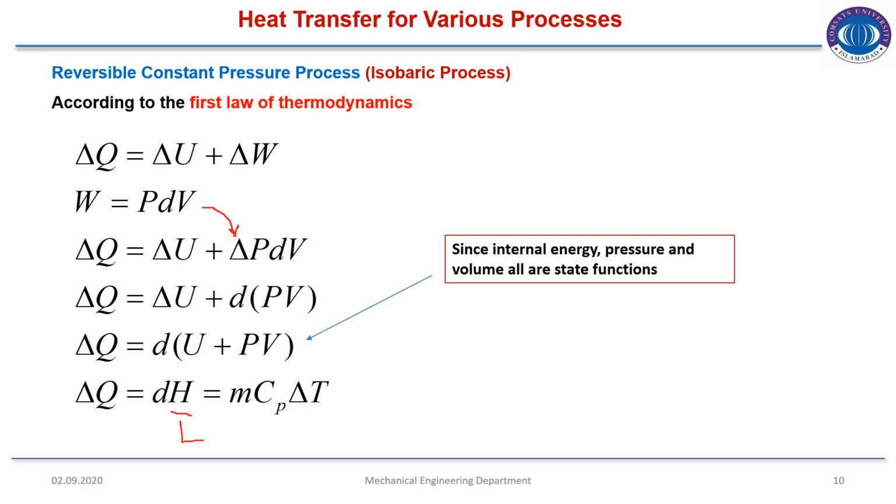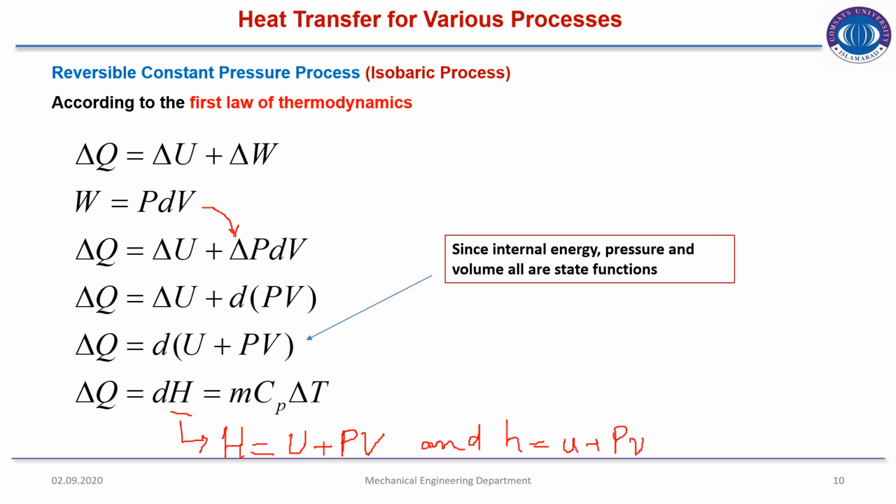So we have studied in the last slide that capital H is equal to U plus PV, and small h is equal to specific internal energy plus pressure into specific volume.